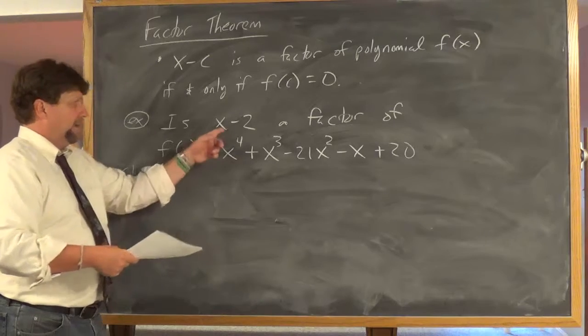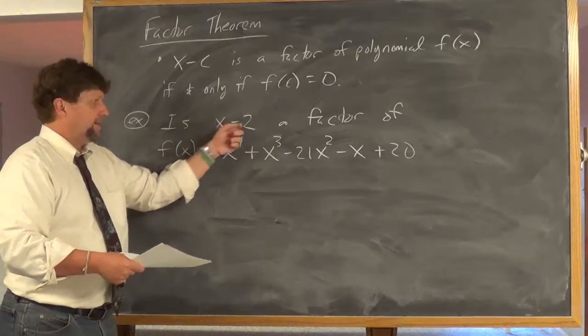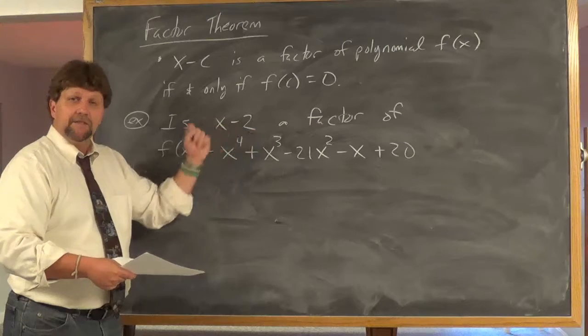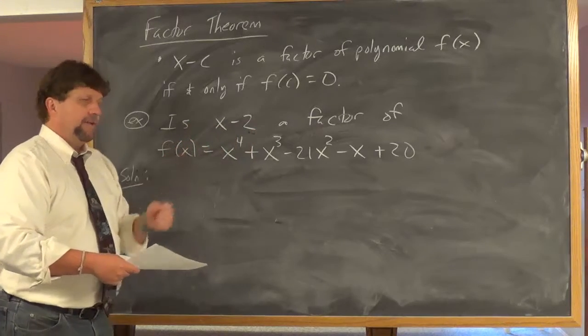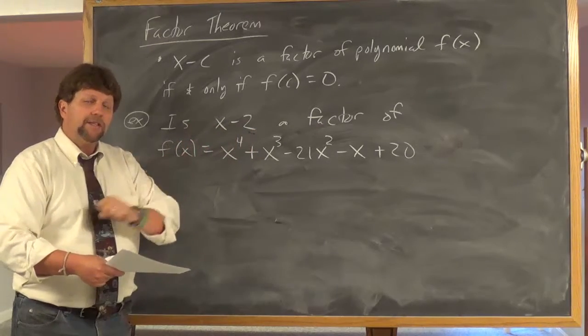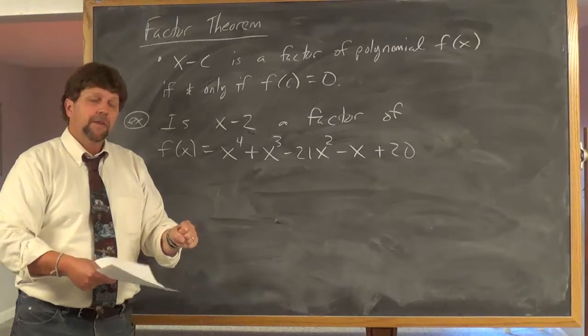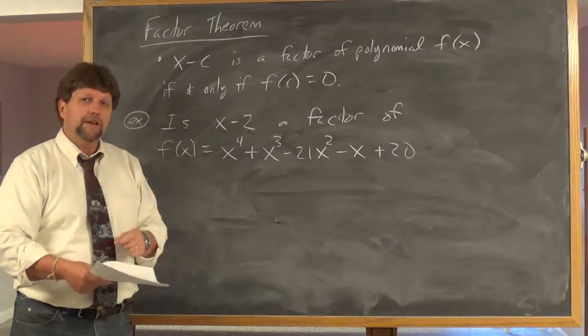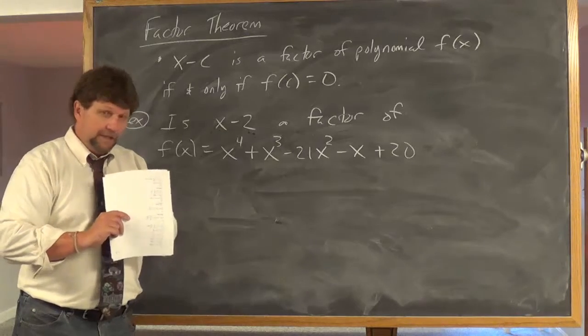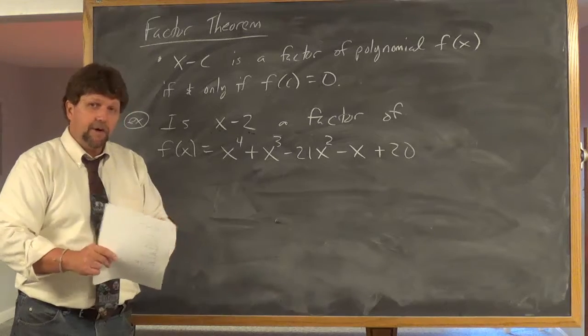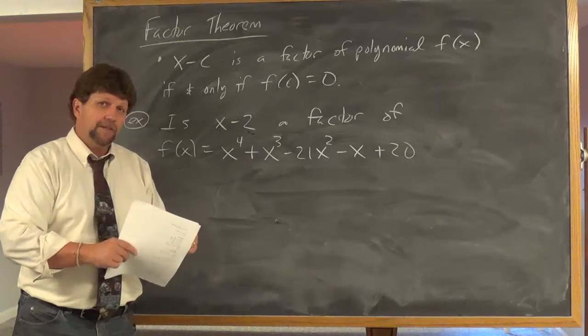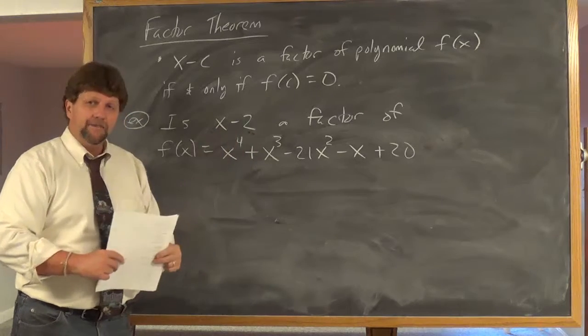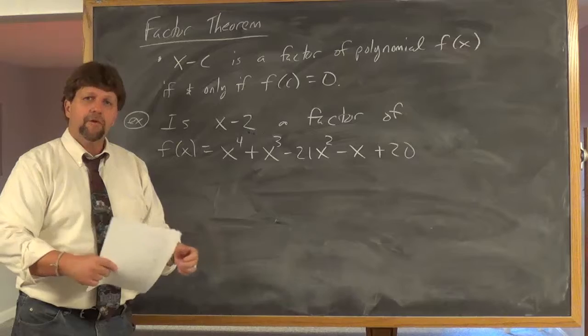If I do f of 2, remember x minus c, so we have c as a value of 2. If I evaluate the function at 2, that's going to tell me what the remainder is. If the remainder is 0, then x minus 2 is a factor. If we get a result of not 0, then the remainder is not 0, and that is not a factor. That's how straightforward it is.